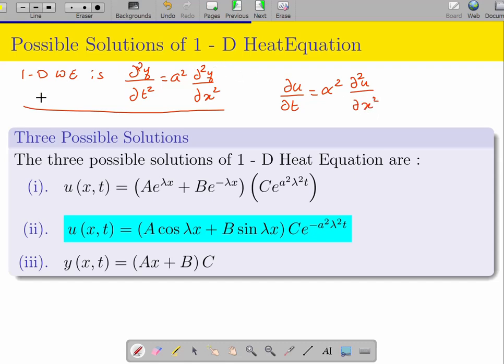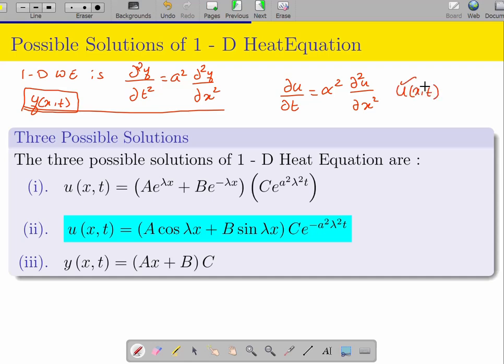In the one-dimensional wave equation, we find y(x,t), which is the vibration of the particular string. x is a particular distance, t is a particular time. Similarly, here we find u(x,t).